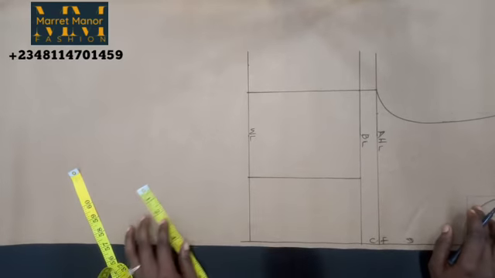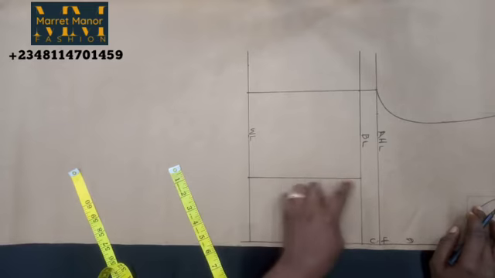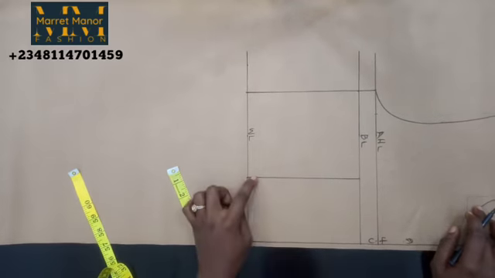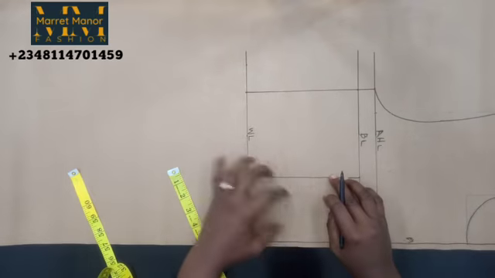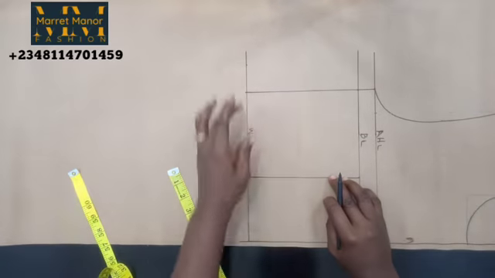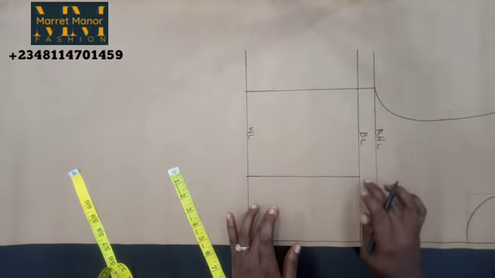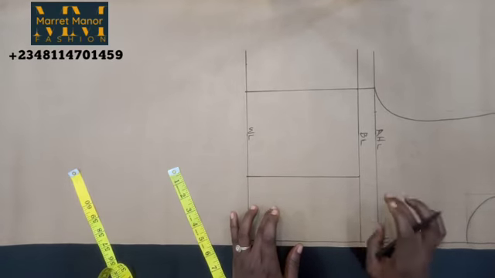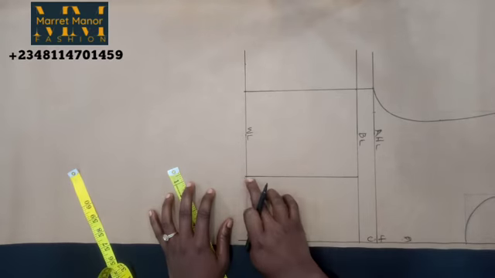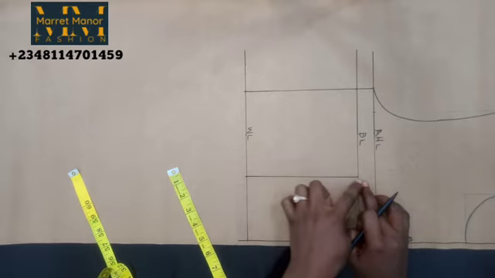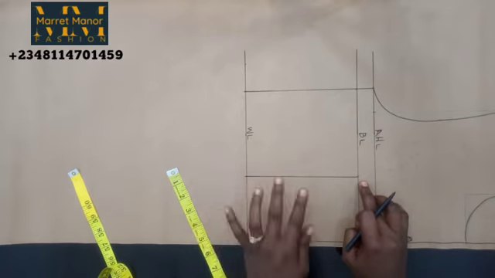Let's continue. So this midpoint, this bust span that we have been speaking about, is what we are going to use to find our dart. You cannot come to any point of your body and say, oh, I'm marking my dart in here. No, it must connect to the fullest point of the bust, especially when you're working for the front. Now this dart middle is now our middle dart leg. You can also call it your bust span, whichever works.